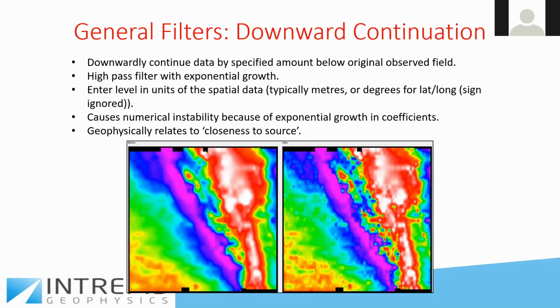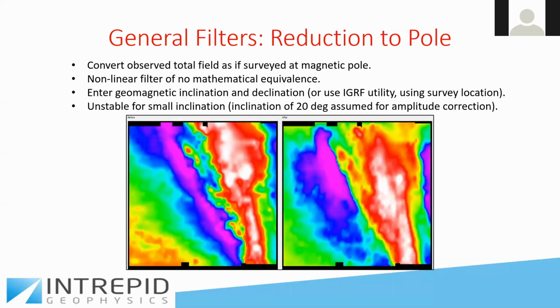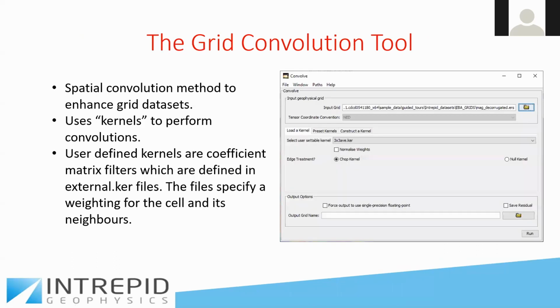The number that you use is in units of the spatial data that you've chosen for the grid. So it'll be in meters most of the time, or degrees if your grid is defined for latitude and longitude. Because of this exponential growth in the high-pass filter, it causes numerical instability. And you can see the signal breaks up the further down you go as well. And then there's a reduction to pole, which we've talked about briefly.